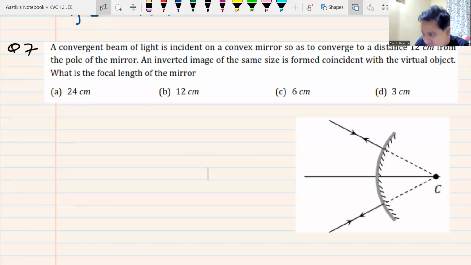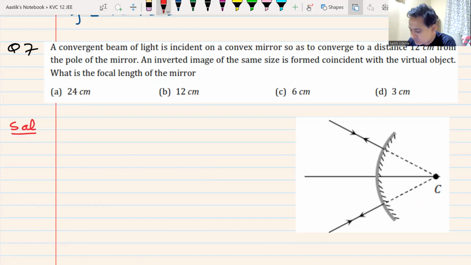But if I show you this diagram, this is how the image is formed. What you have said is absolutely correct. The object is a virtual object. So if I write the solution here, my dear friends, the value of u is plus 12. The value of v is also plus 12.